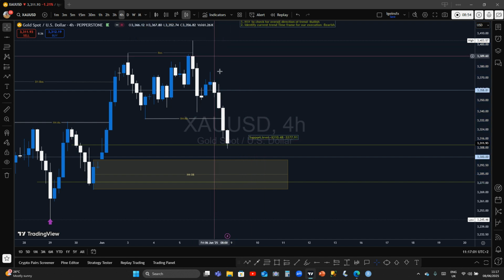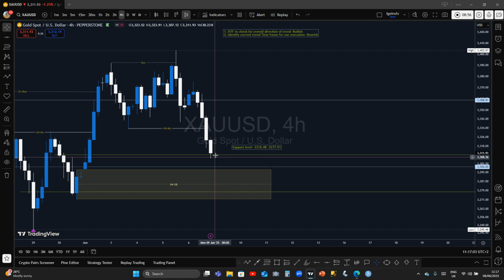But if this level where we are now holds, that means we will see a push to the upside, and the first resistance is what? This very point here.